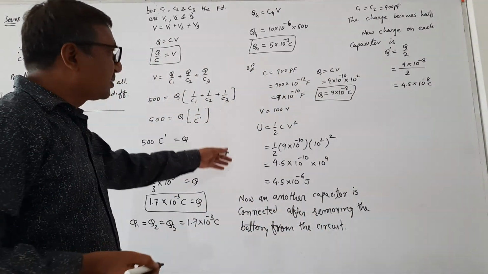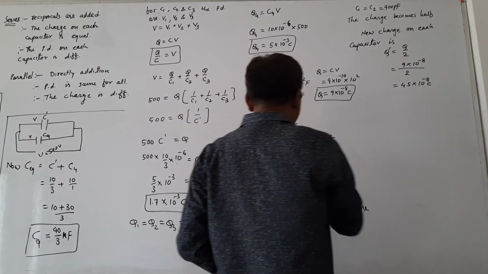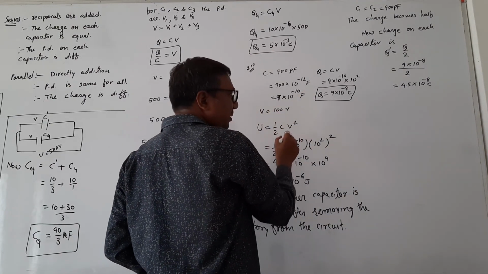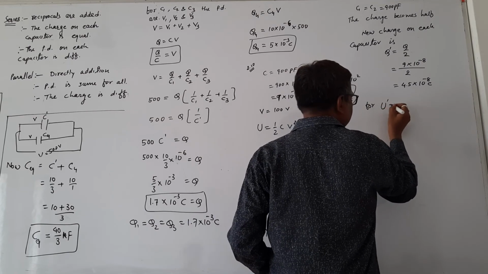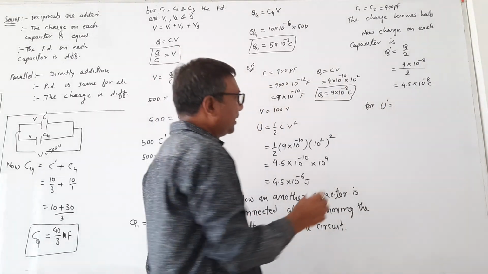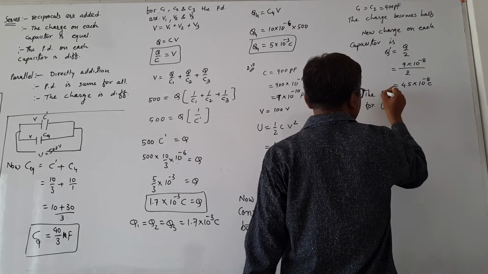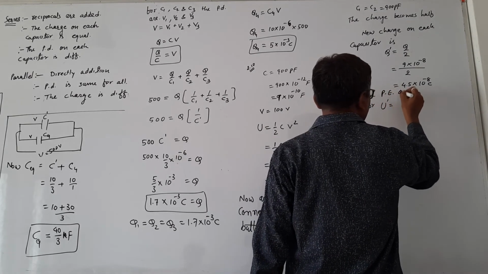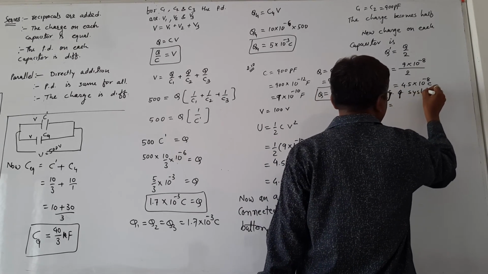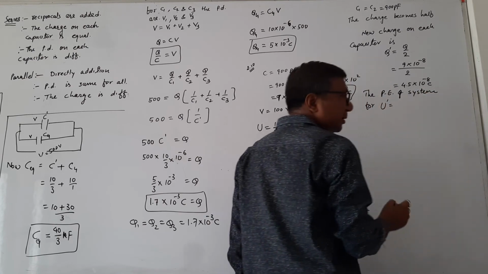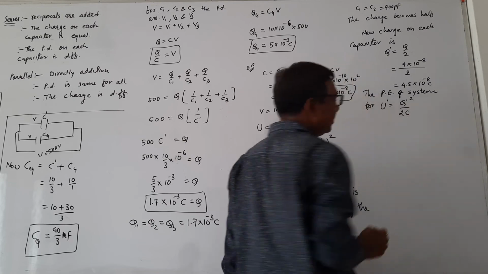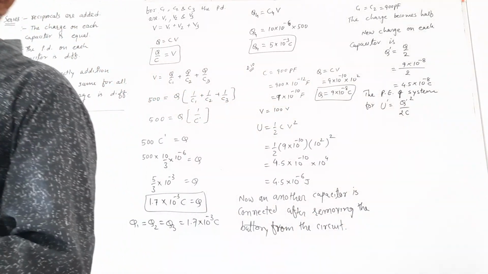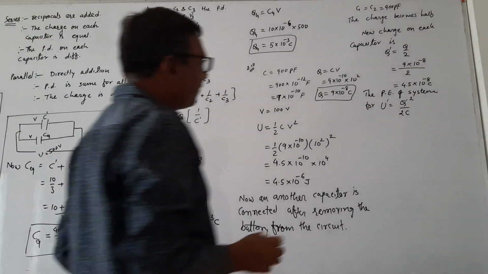So again, like 1/2 CV square, the potential energy U dash of the system is Q dash square upon 2C. This is also another formula.